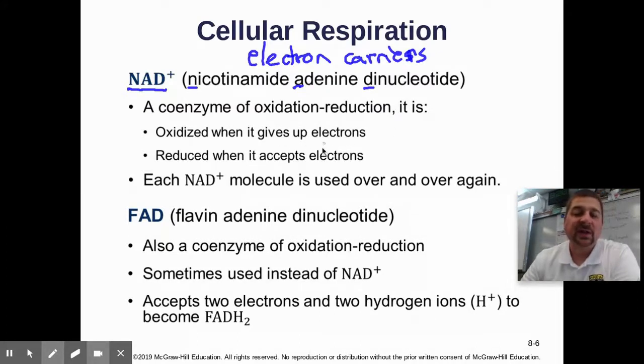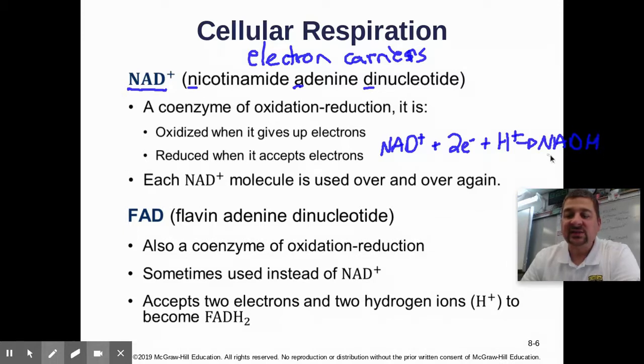And again, it just shuttles back and forth between the processes and can be used over and over and over again. You can take NAD+, you can add in 2 electrons plus a hydrogen ion. It's going to give you NADH when it is reduced. Or we could actually make this a double arrow. When it releases the electrons, when it's oxidized, it will turn back into NAD+.